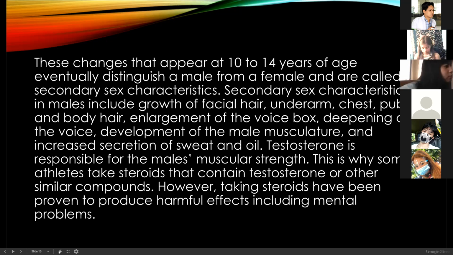She takes steroids which contain testosterone, and changes her voice into male, and changes her face into male. Again, we are driven by hormones. The name is Charis. That is the hormone therapy.